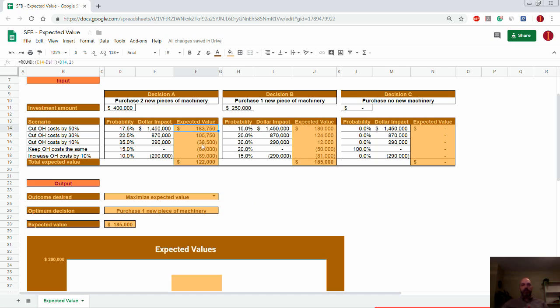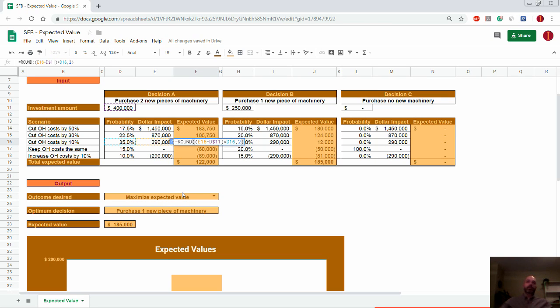You'll notice this field here, expected value, gets calculated, okay? And what that's doing is simply taking probability times the dollar impact. So 22.5% times 870,000, that's the expected value. 35% times 290,000, and let me remind myself here. Okay, right, it's taken the difference.